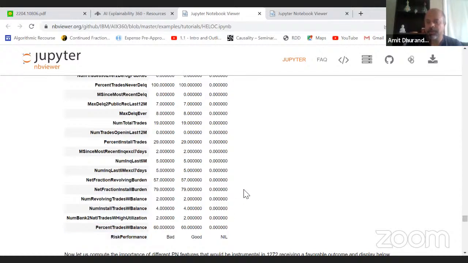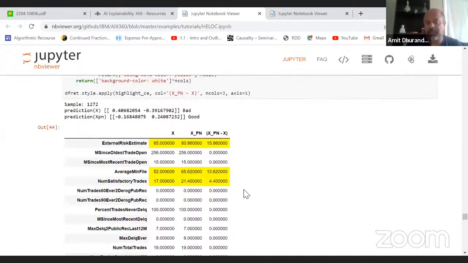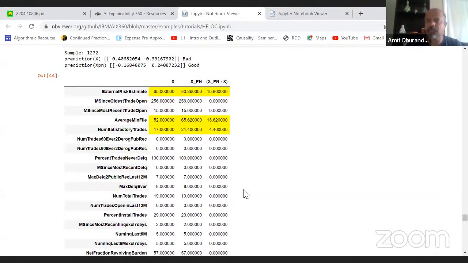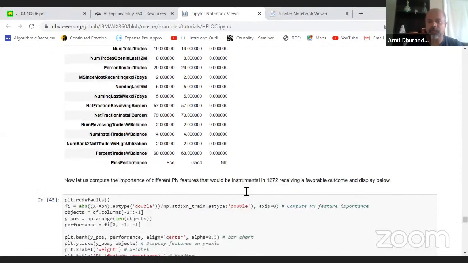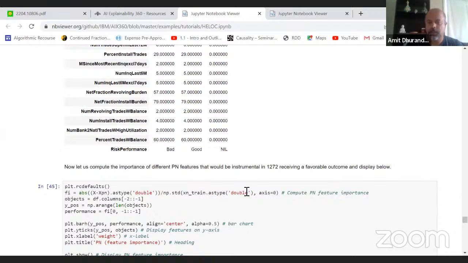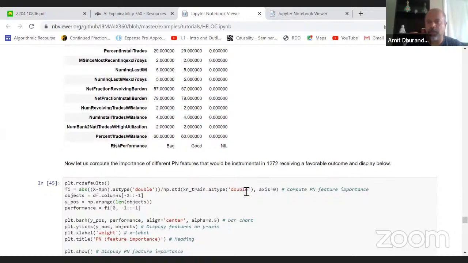So it's not just about the important features for that specific decision, but how you can change the decision by minimally changing certain inputs. This can give you a feel for how the classifier is behaving.